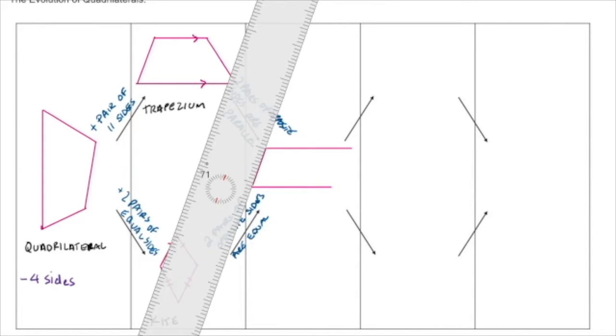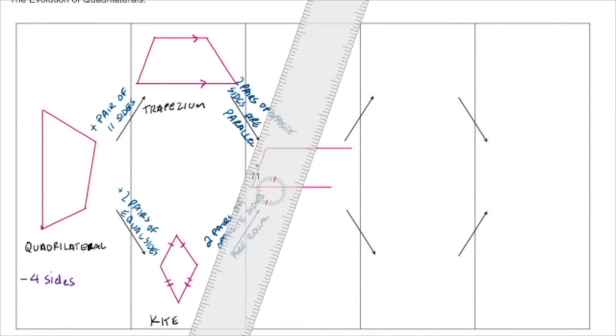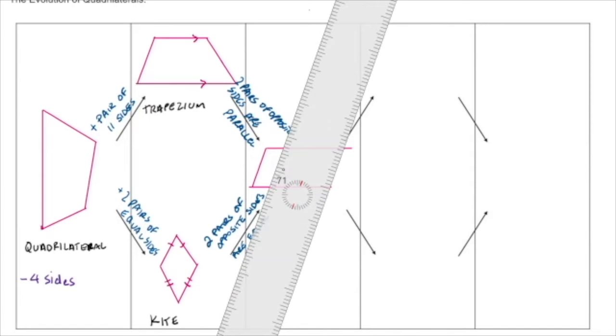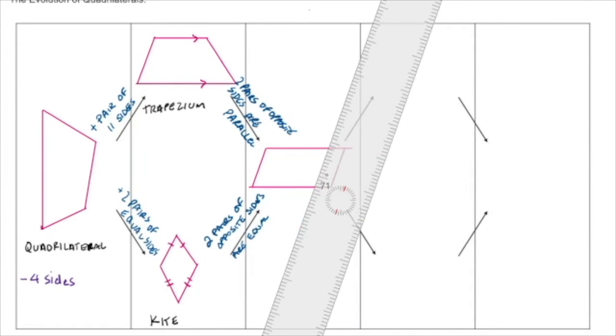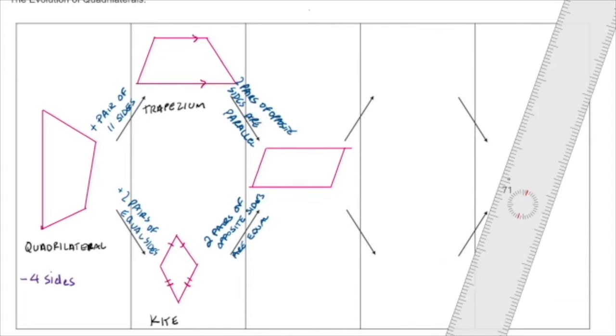And again, hopefully you're drawing slightly better than I am. Alright, might even get the eraser going, just to tidy that up a little bit. Alright, so now we have our parallelogram.